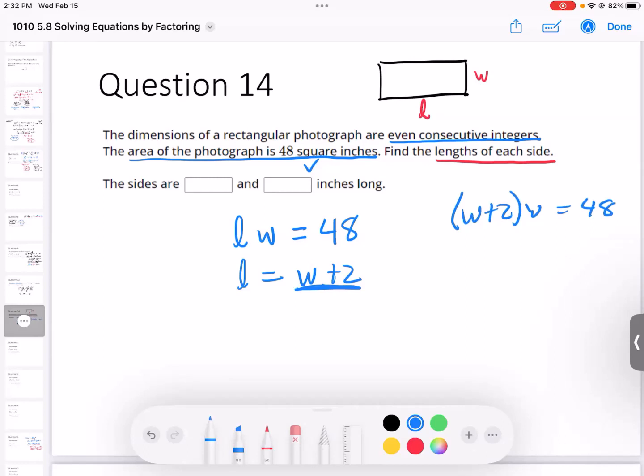I took this stuff that equals L and substituted it in for L. When I multiplied this by W, I end up with W squared plus 2W equals 48. And I can solve that equation by subtracting 48, which gives me W squared plus 2W minus 48 equals 0.